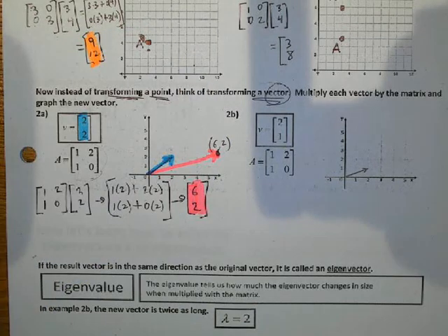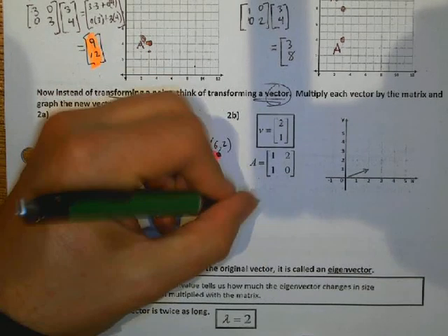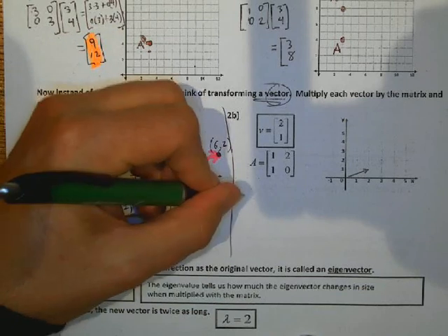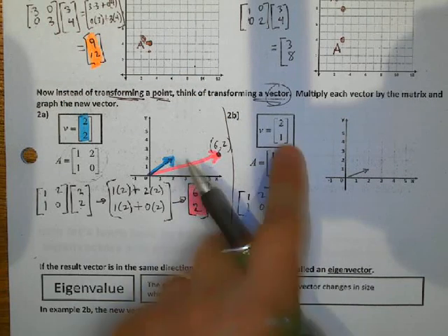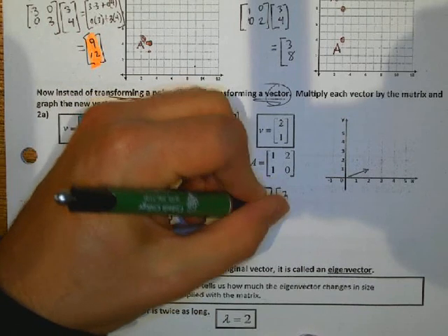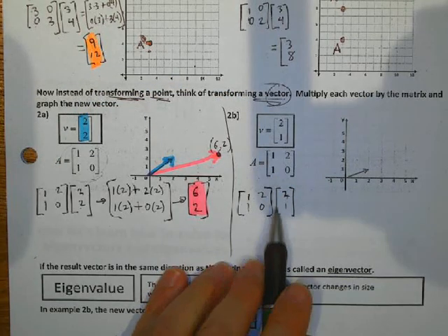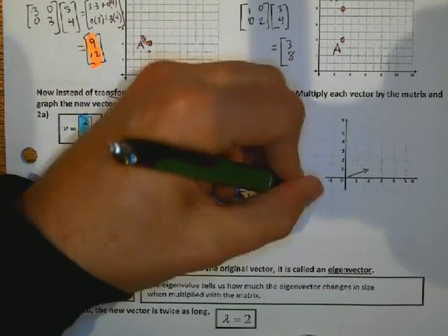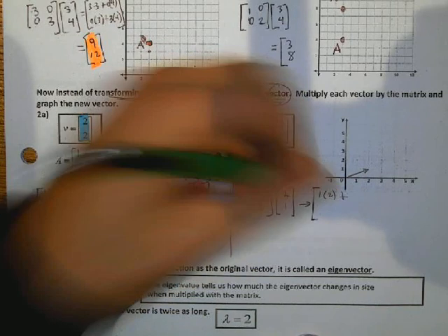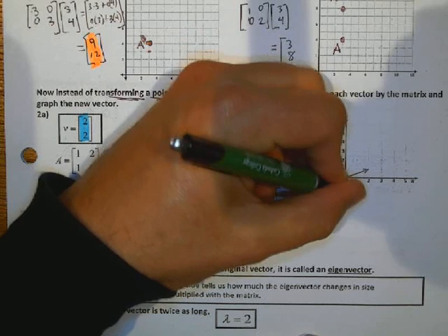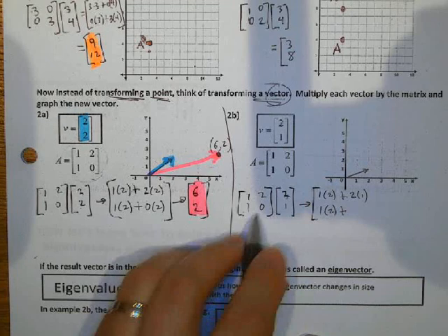And let's do the same thing. We're going to do the same transformation, 1, 2, 1, 0, to a different vector, 2, 1. So I'm applying a transformation matrix to a vector, and I end up with 1 times 2 plus 2 times 1, and then I have 1 times 2 plus 0 times 1.